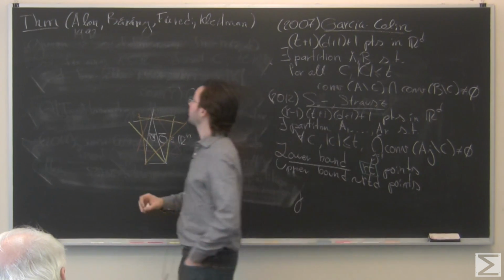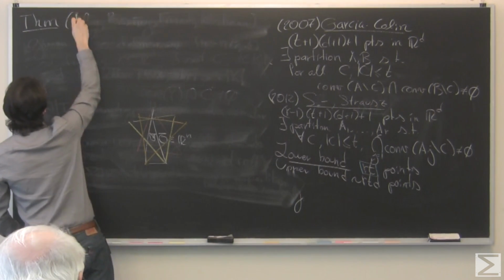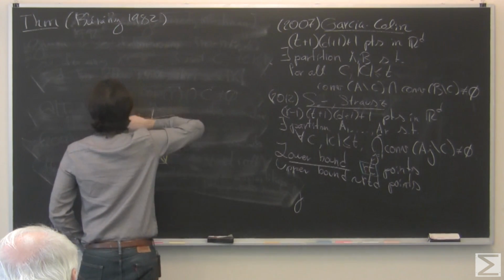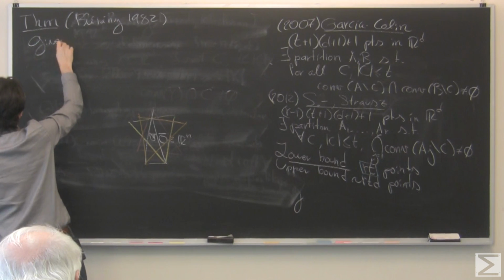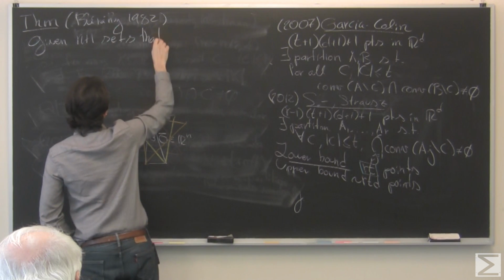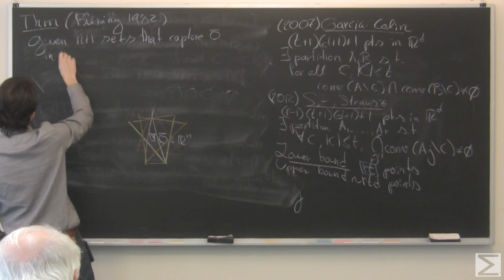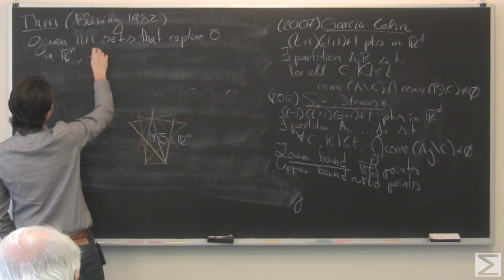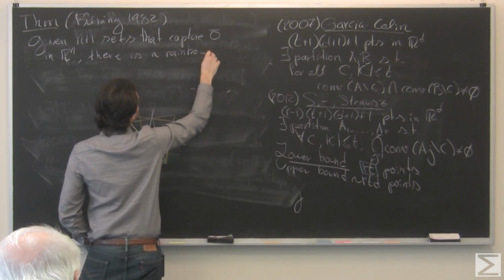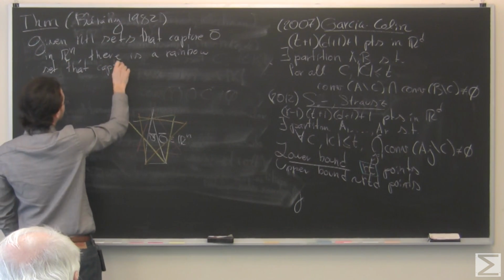Okay? So this is a very nice theorem by Imre Bárány, from 1982. And what he proved is that given n+1 sets that capture the origin in R^n, there is a rainbow set that captures the origin.